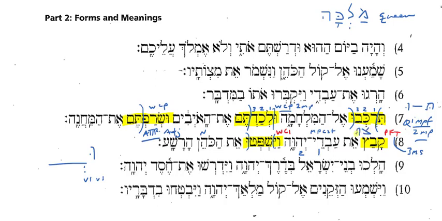I'd have a shurik on the end for third common plural, right? That's the they, or a plural subject. But that's not what I have here. So you have to pay attention to what the personal ending or the inflection is for the verb, so you know who's doing it. All right? Any other questions here?